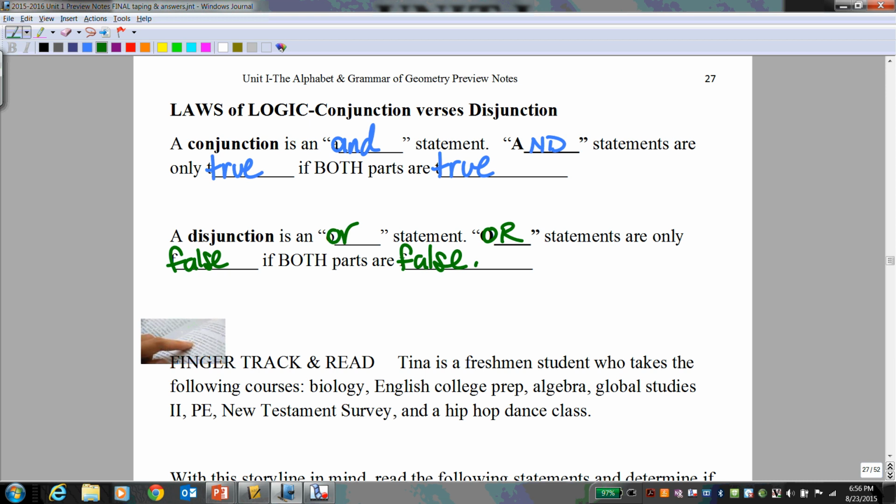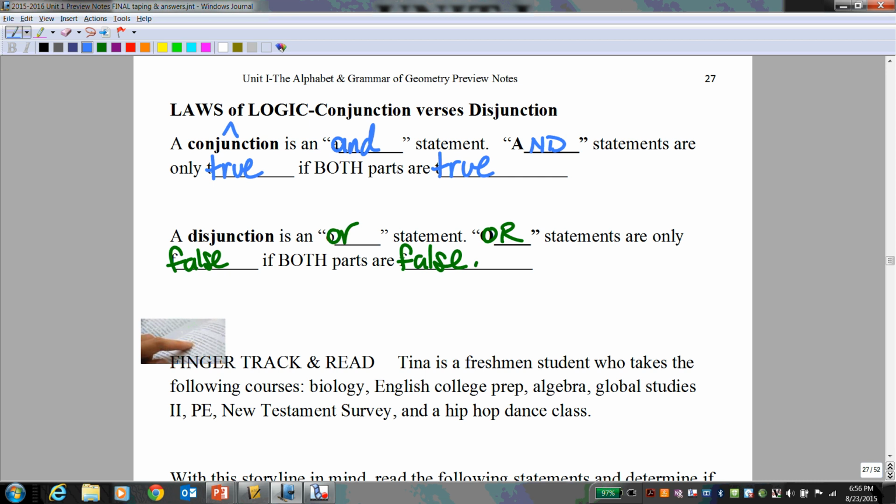A conjunction is an and statement. The symbol we use for conjunction is a little caret. That is shorthand for the word and. A conjunction is true, and statements are true, only if both parts are true.